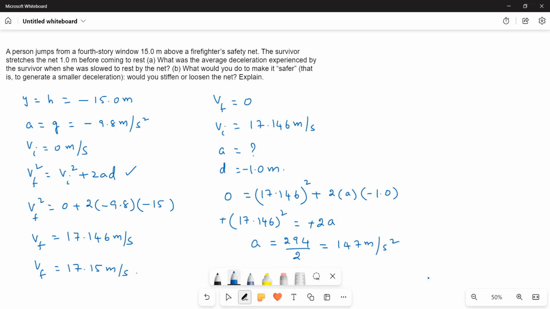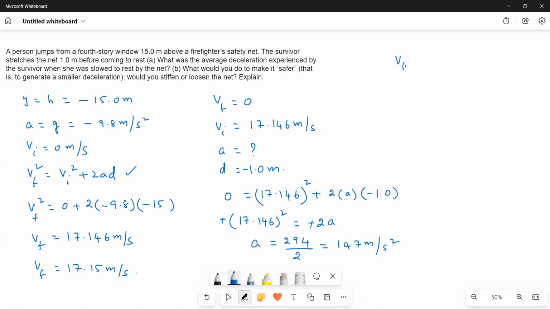Now, the question asks, would you stiffen or loosen the net? I will write it down and explain.